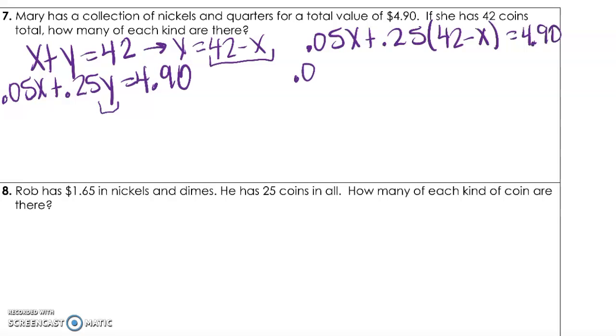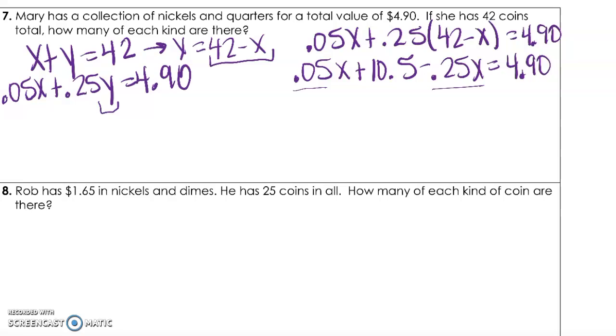So to me, this way just takes a lot longer than doing elimination. This gives me 10.5 minus 0.25x. So I'm going to combine my like terms. Very careful, 0.05 minus 0.25 gives me negative 0.2x.